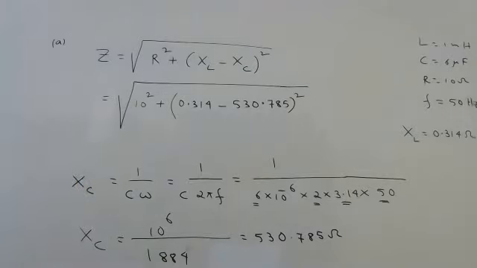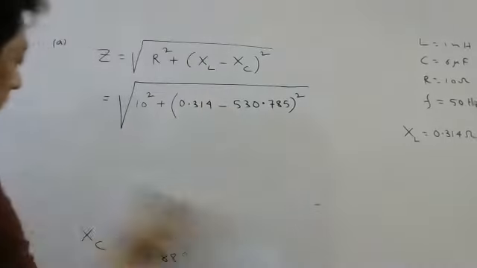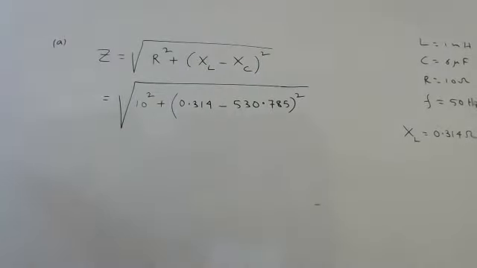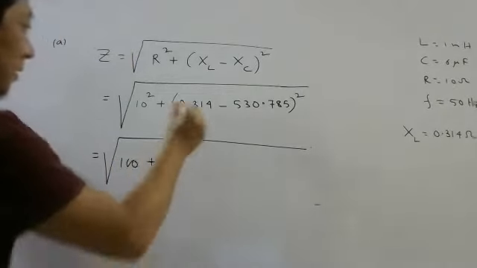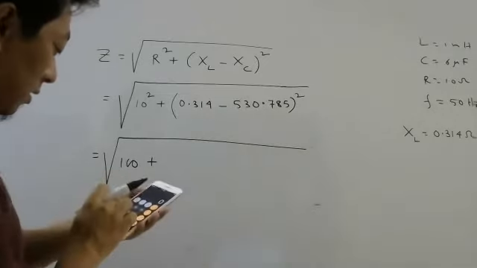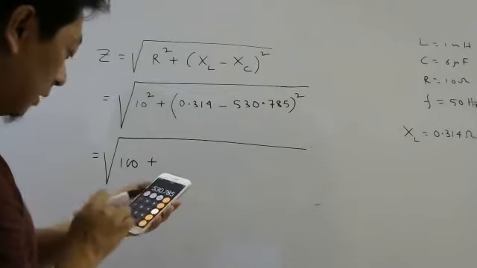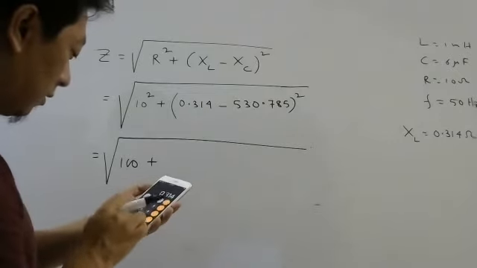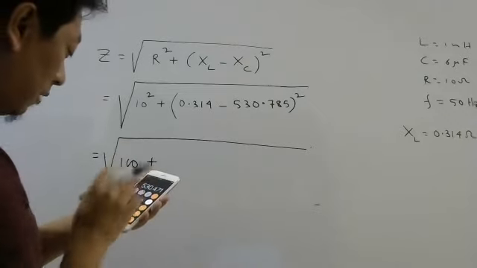Okay. So this will be 100, plus this difference will come how much? Let me write bigger minus smaller. 530.785 minus 0.314, into same thing we have to square, right?